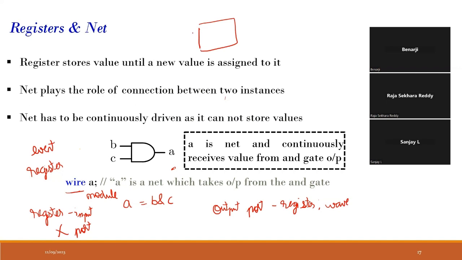Let us assume we have a module, say a half adder module. This is A, this is B, this is my sum, this is my carry. Now the input to A will be something like this, and my input to B also will be something like this. I don't know when A will change from the value 0 to 1.